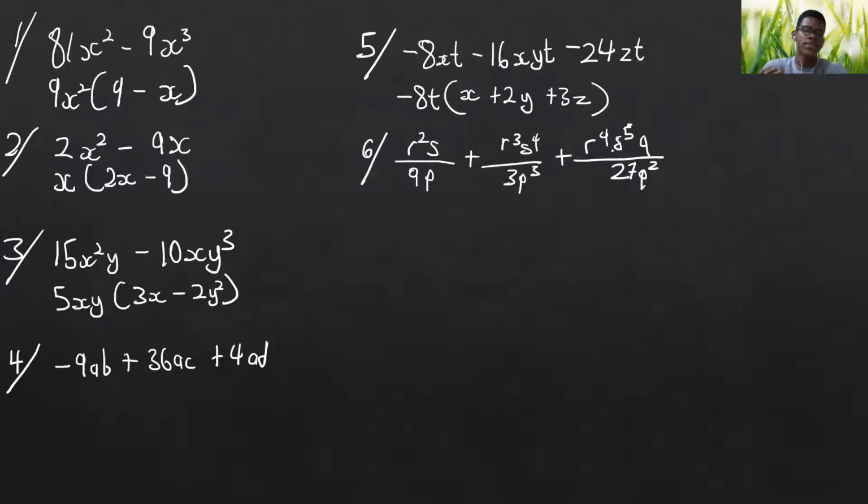For these fractions, it's the same thing as I said before. Once you're dealing with multiple fractions and you want to factorize algebraic fraction expressions, the simplest way is to just use fractions.